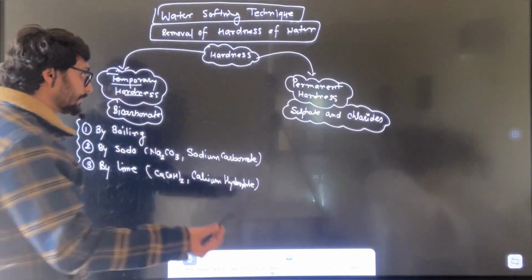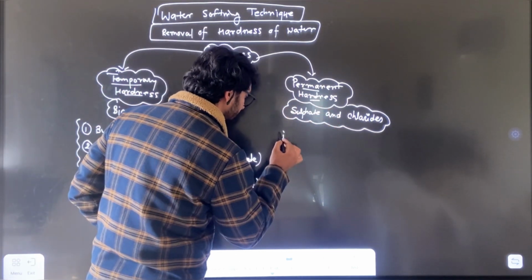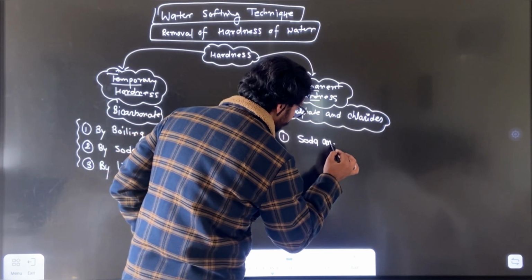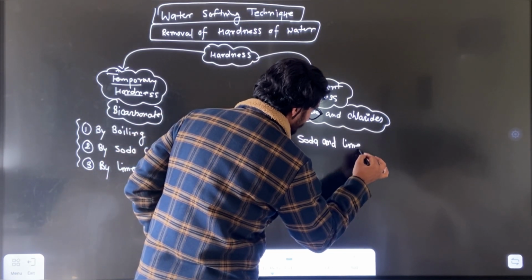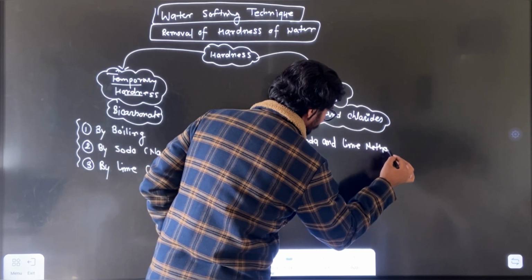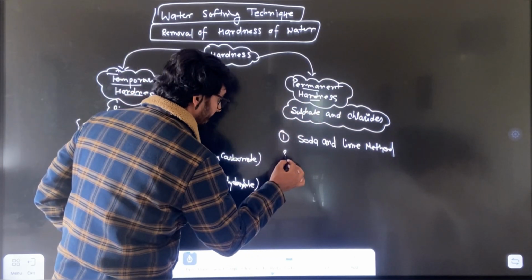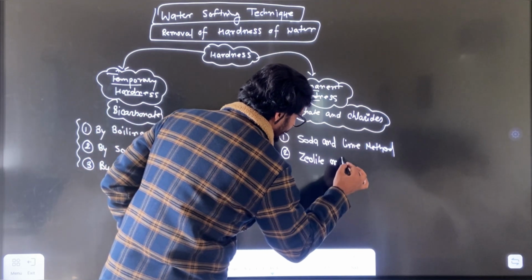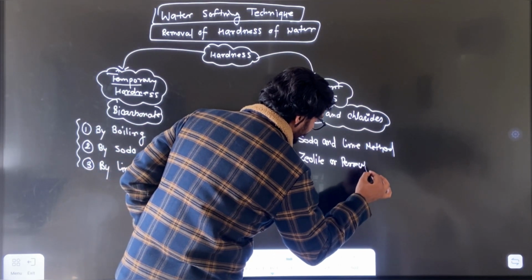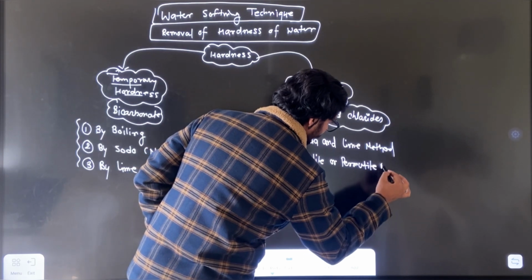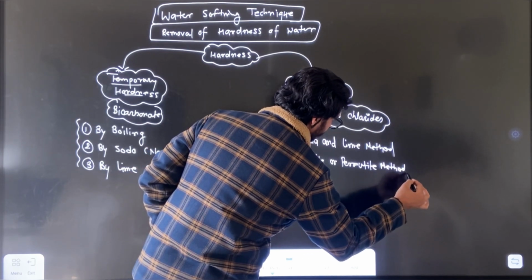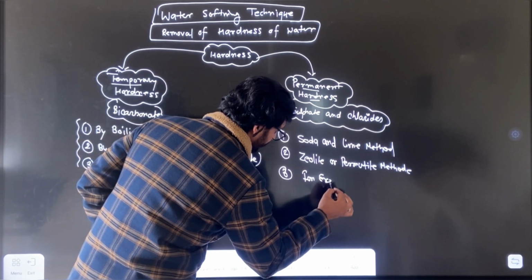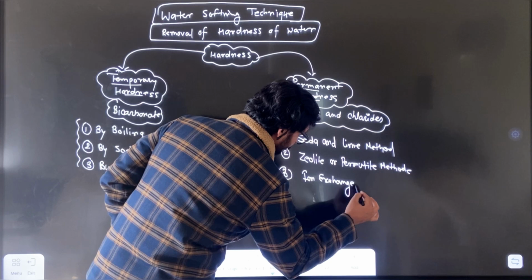For permanent hardness, we use first the soda and lime method, and second the zeolite method, or we can say the permutit method. And one other method is the ion exchange method.